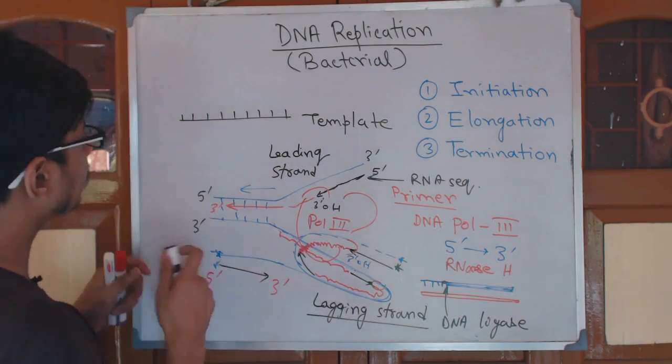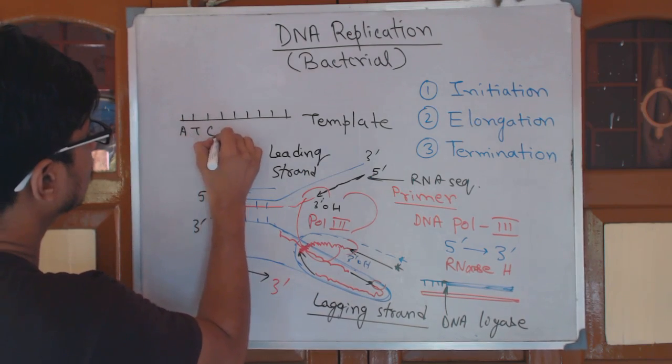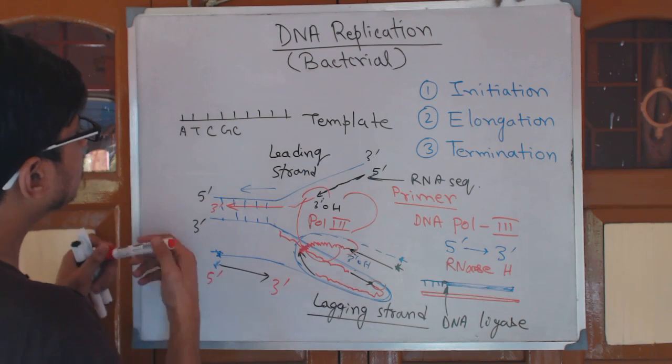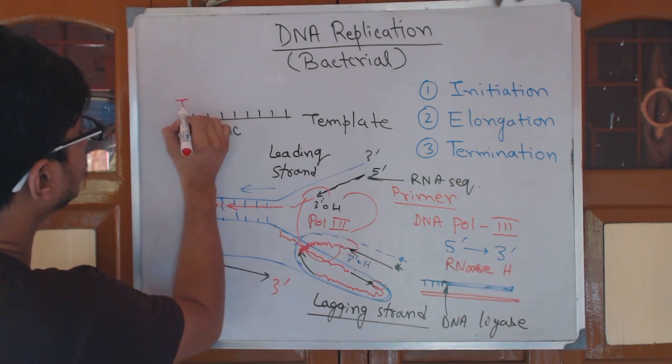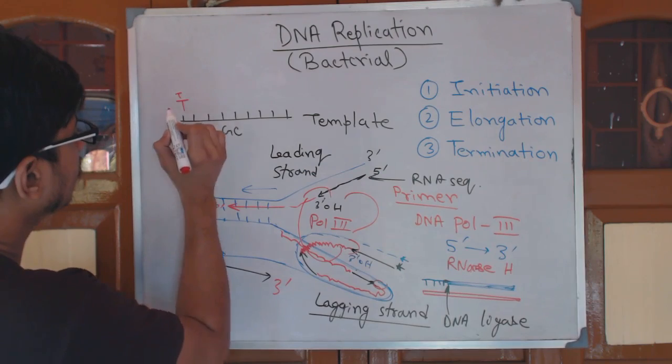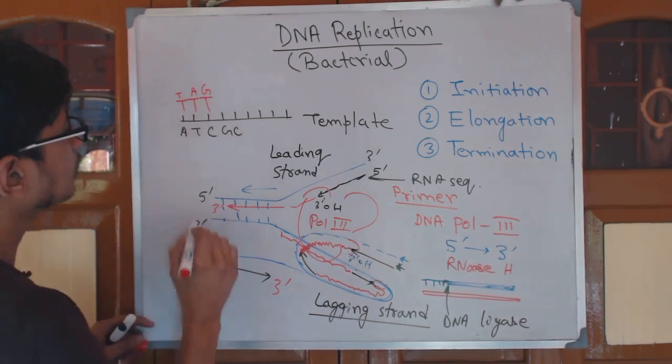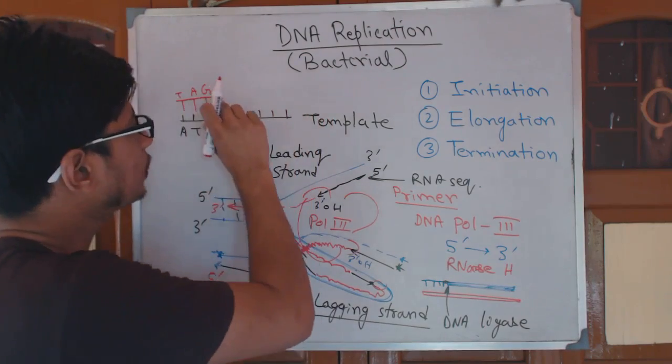So in the template DNA, for example, if we have A, the new nucleotide that we will put will be T. If it's T, the new one we put will be A. If it's C, we'll put a G. This is the complementary nature.